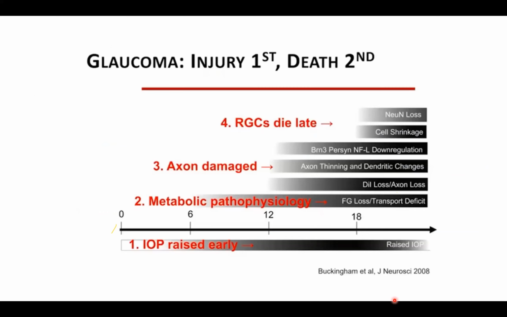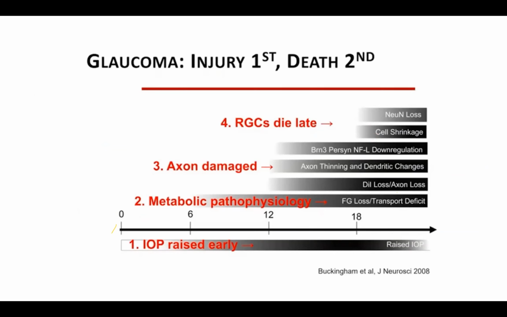Retinal ganglion cells and their axons degenerate in glaucoma, and there's a window of time that passes between the raised intraocular pressure insult and the death of retinal ganglion cells.